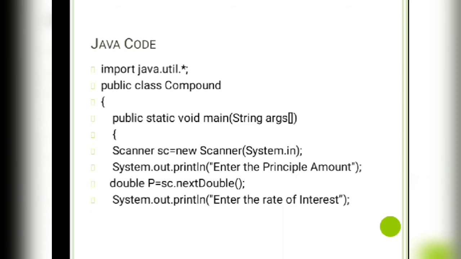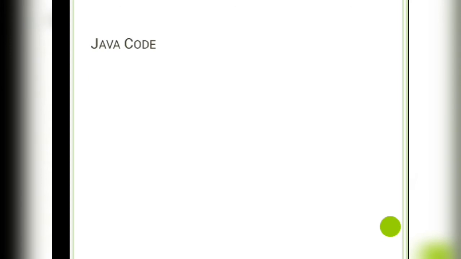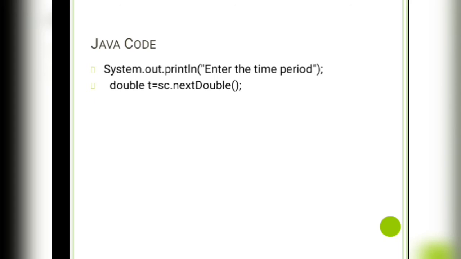Similarly, we are taking a variable to store the rate of interest. Same for the time interval, we are taking double because it can be like 1.5 years, 1.7 years. We don't want to take any kind of risk here, so we are taking all the variables in double. Now write the amount formula in terms of a Java expression.